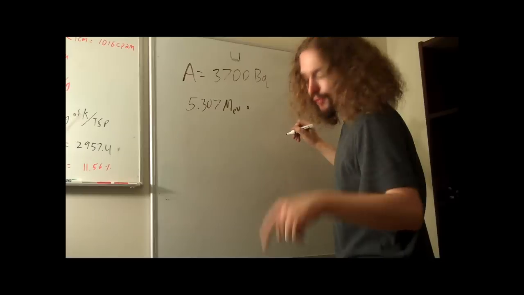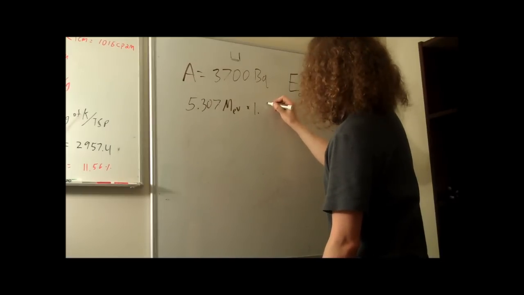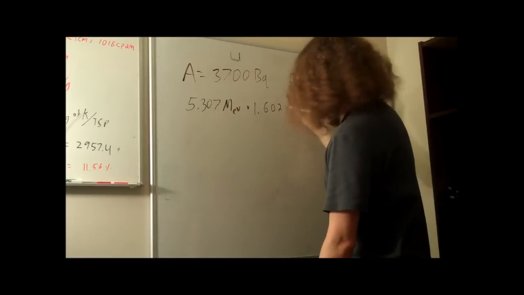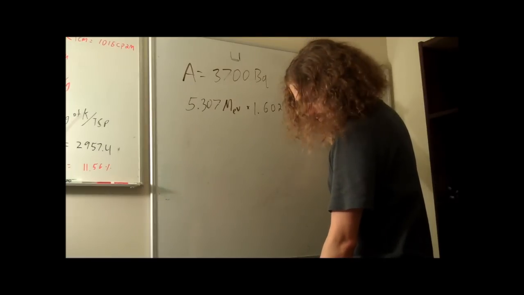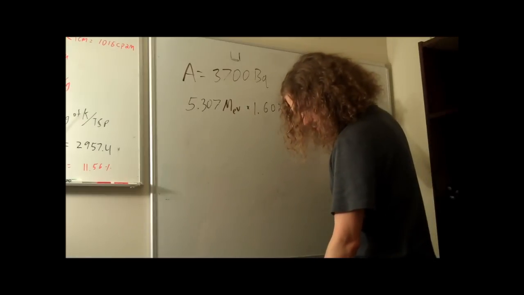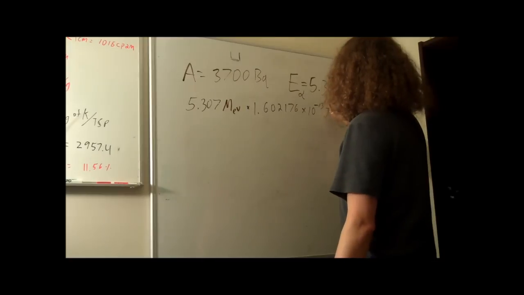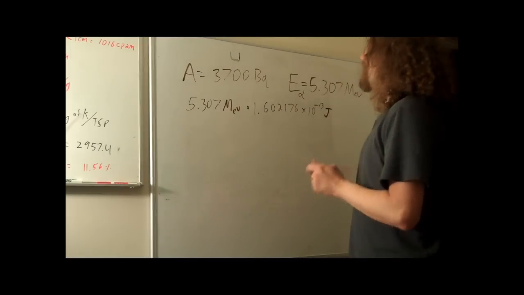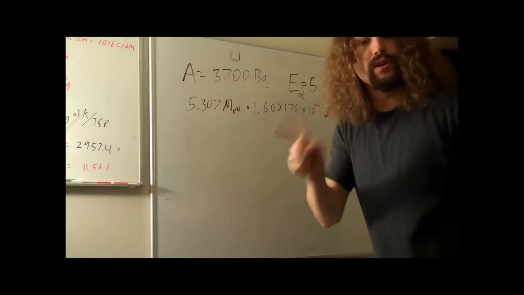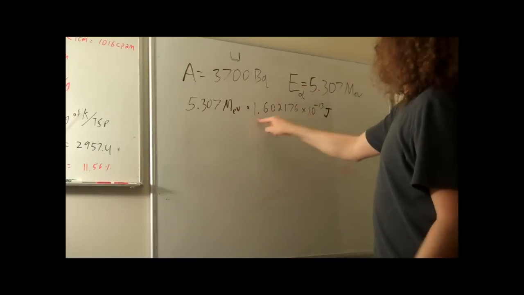I know every 1 million electron volts equals that many joules.